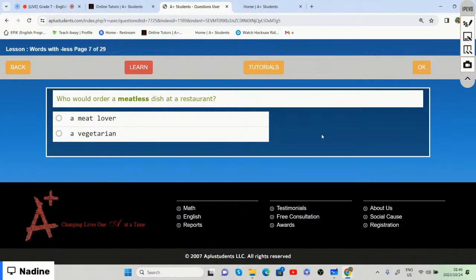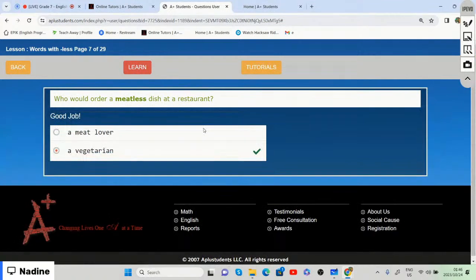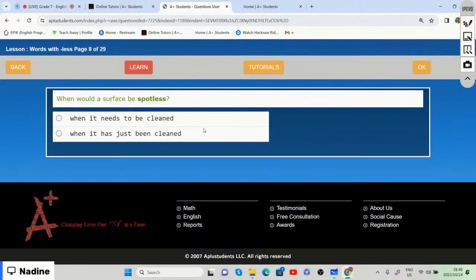So basically, someone who would order a meatless dish would be a vegetarian. So a vegetarian is correct.